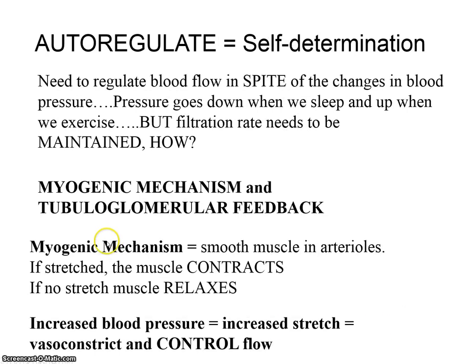All right. Now, autoregulation, I mentioned this to you before, the kidney gets to have self-rule. It gets to determine its own filtration because the kidney does not want to be slaved or subjected to what the systemic blood pressure is doing on a regular basis. Because let's face it, your systemic blood pressure goes up and down. Mine is up right now, just talking to you guys and gesticulating and getting excited about this information.